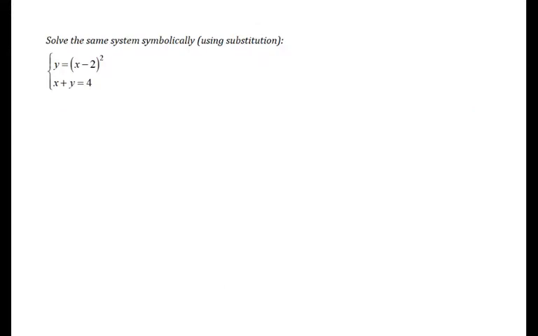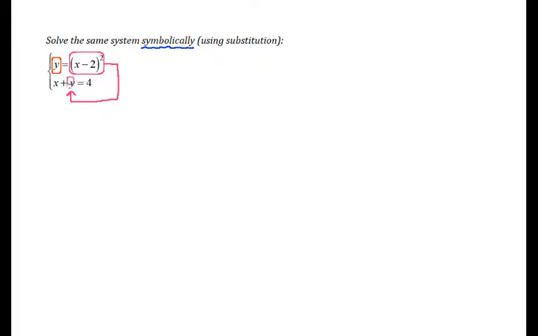Let's now take a look at how we would solve the same system of equations symbolically. Symbolically means we're not going to draw a graph, we're going to do an approach that involves just the symbols. Substitution is usually the easiest method to use for nonlinear systems of equations. In this particular case, the first equation is already solved for y, so it seems like it will be easy to take this expression and plug it into the other equation where I have y.